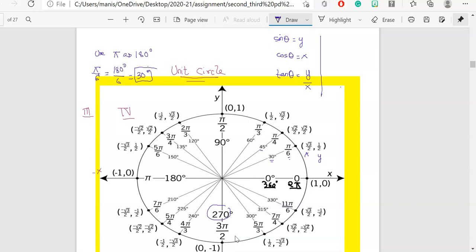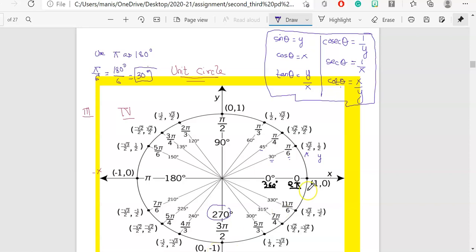Similarly, we have cosecant theta. You all know cosecant theta is 1 over y, because it is the reciprocal of sine. Secant theta is 1 over x. And similarly, we have cotangent theta, that's x over y. I will be using these values again and again, so I will be moving my screen back and forth to use this unit circle again and again. Okay, let's keep going.